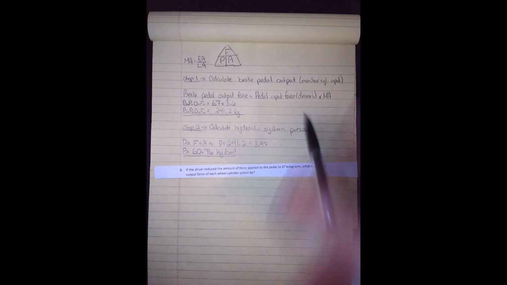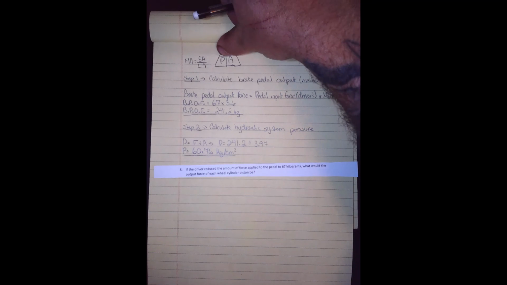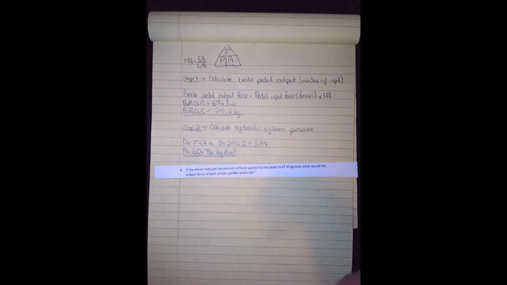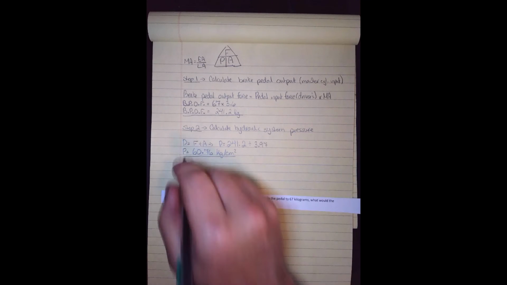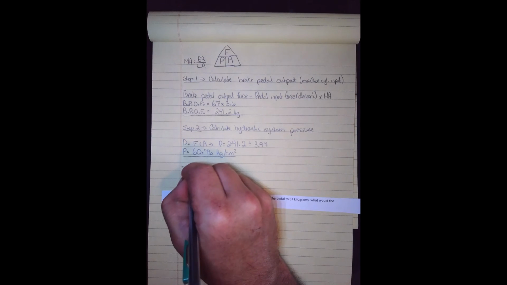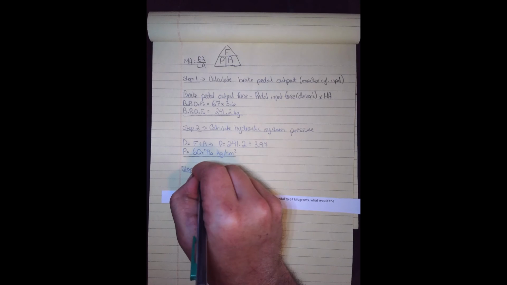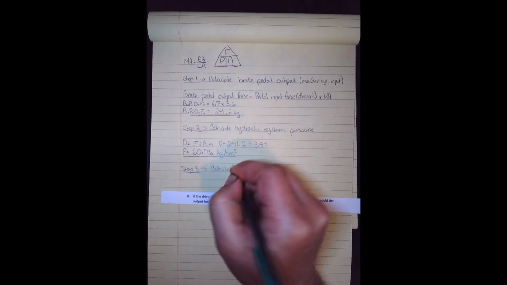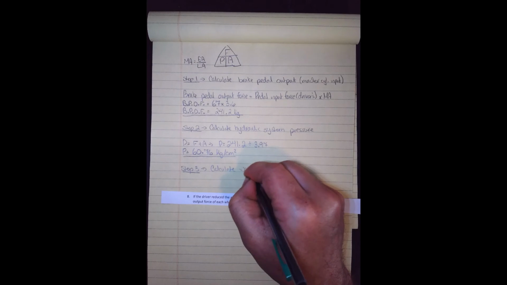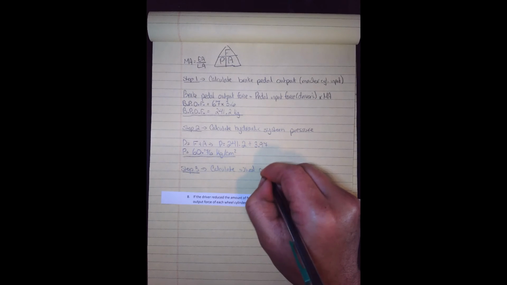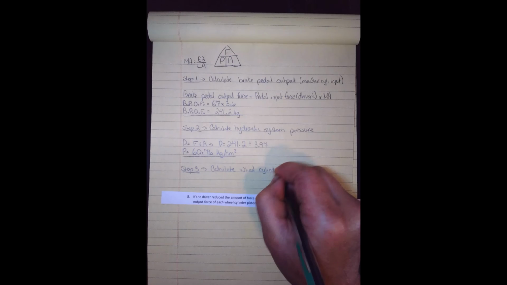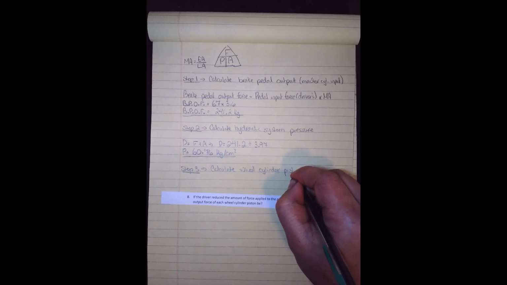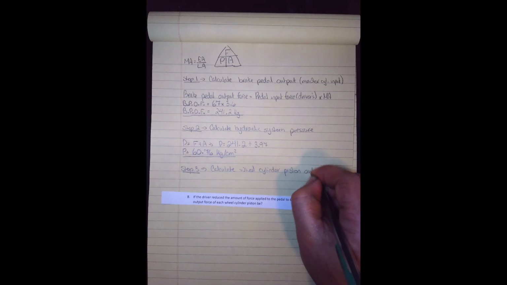Now, the third step is what's going to solve the question, and we're looking for an output force, right? So we need a pressure times an area. Now we have a pressure. We've already calculated the area. So step three, final step. We're going to calculate wheel cylinder piston output force.